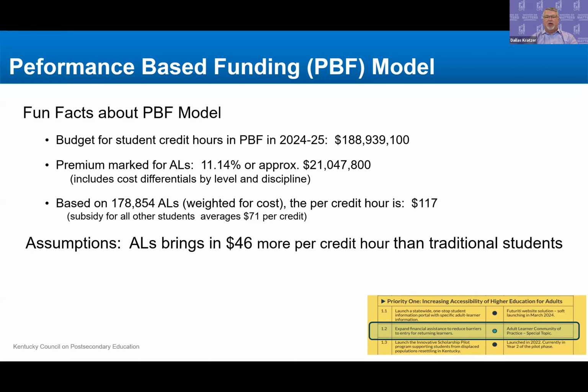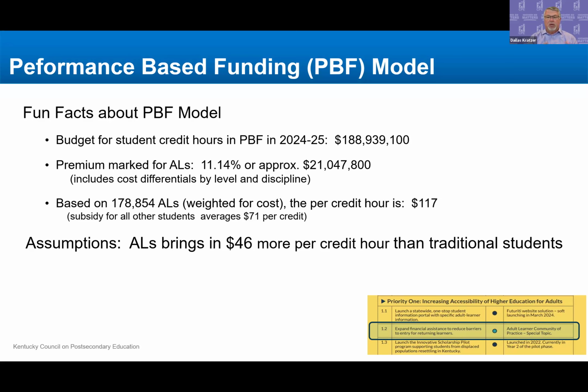But based on the 2024 PBF, there's about $188 million out there, and out of that amount, 11% of it has been marked toward adult learners. And these are based on the student credit hours. What Sean shared with me is that based on the weighting of adult learners, they return to the university about $117 per credit hour taken.